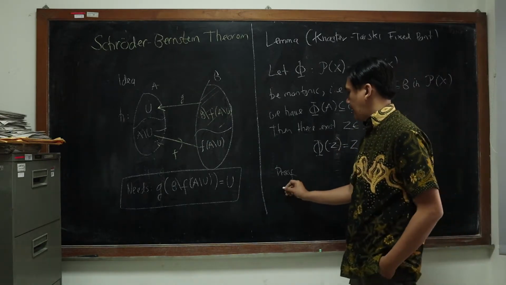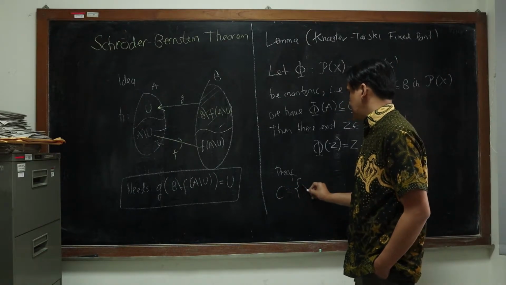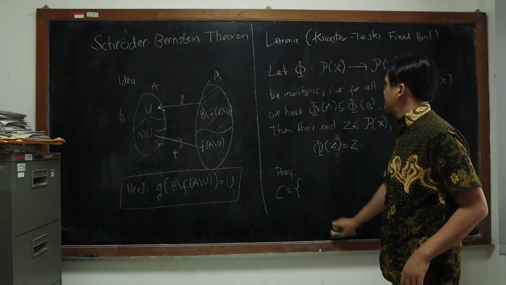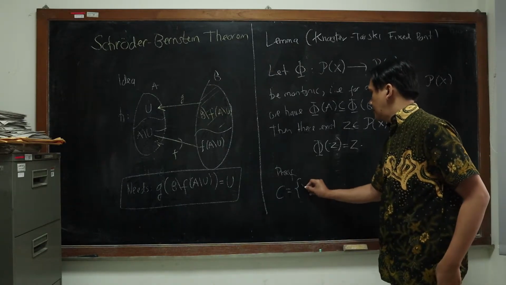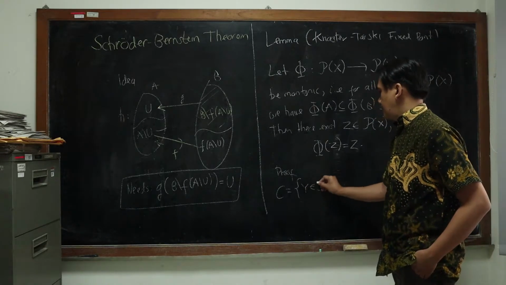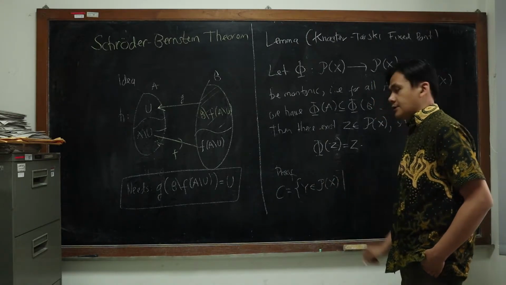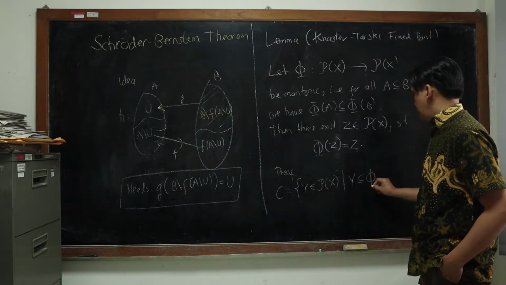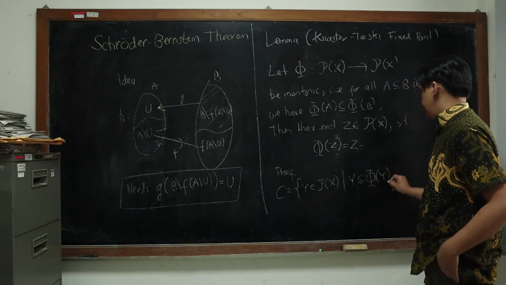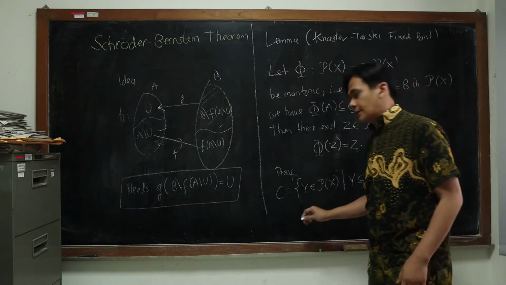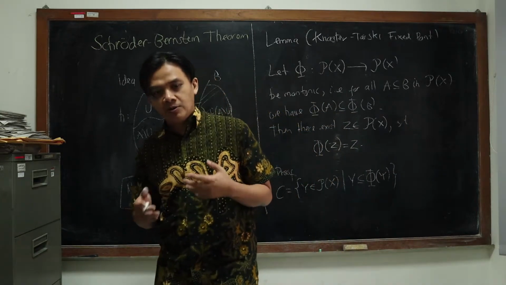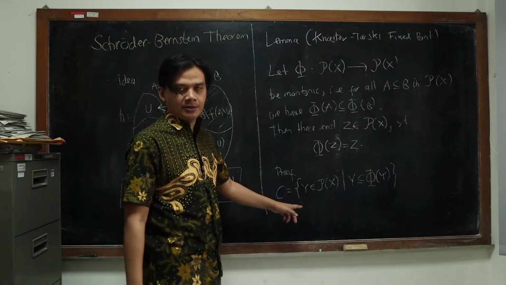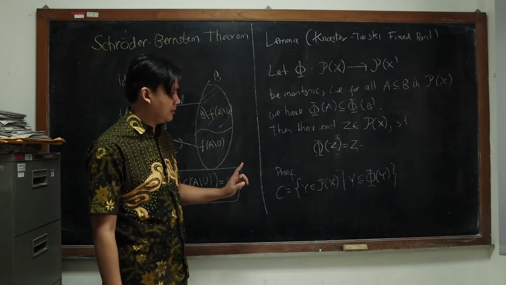First, we will collect all subsets Y of X such that Y is contained in phi of Y. Call this collection C. Notice that this collection is non-empty, because at least it contains one element, namely which set?